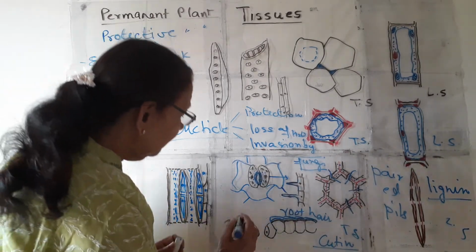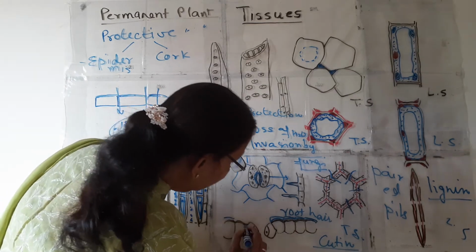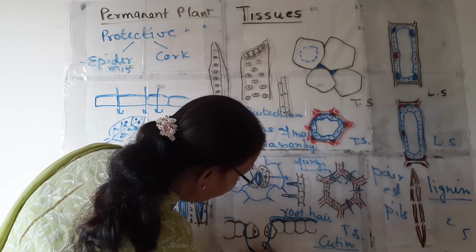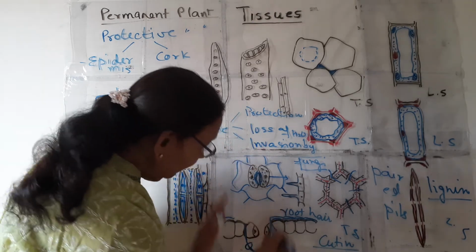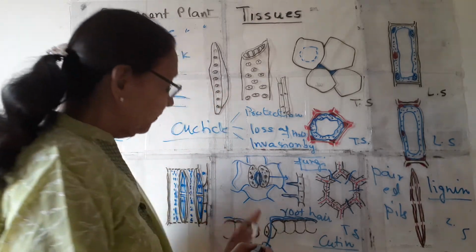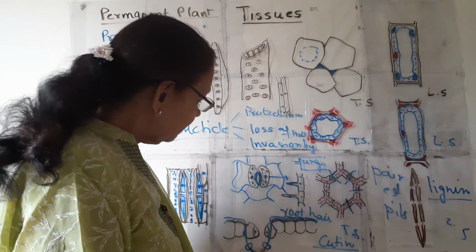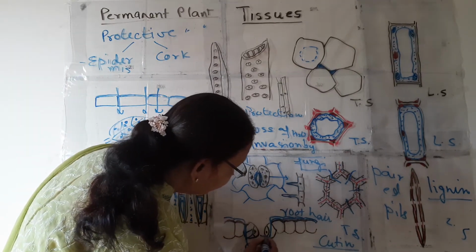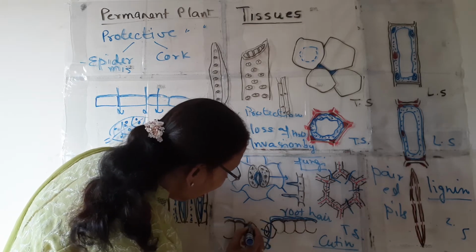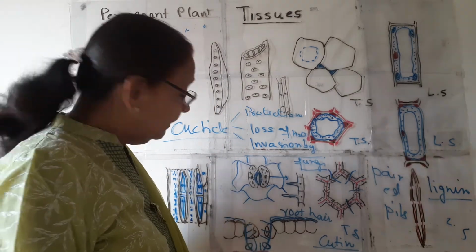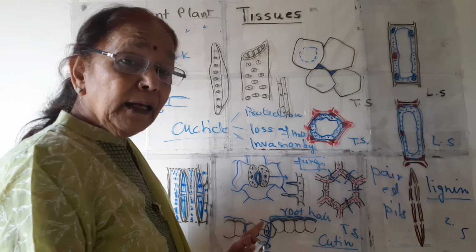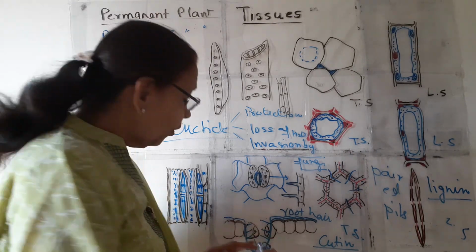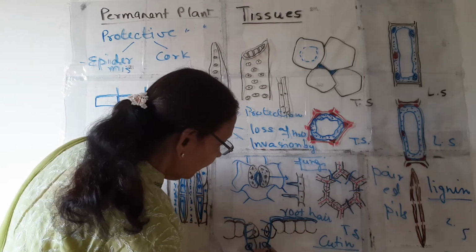The second thing in desert plants is that there are sunken stomata. Stomata are present in a sunken pit on the leaves. These are sunken stomata, and in this pit there are hairs. So these hairs obstruct the evaporation of water from these stomata.